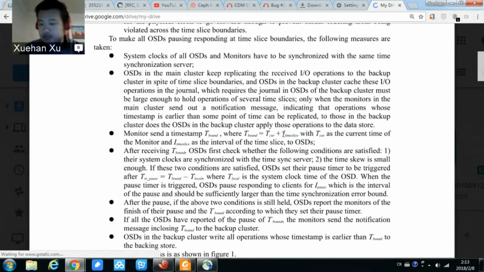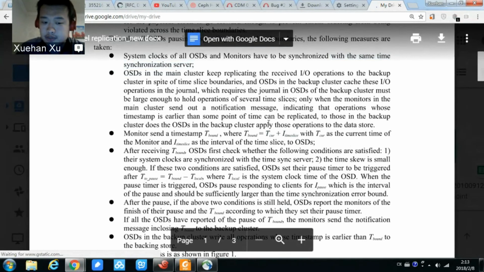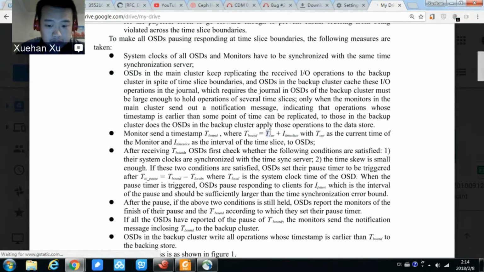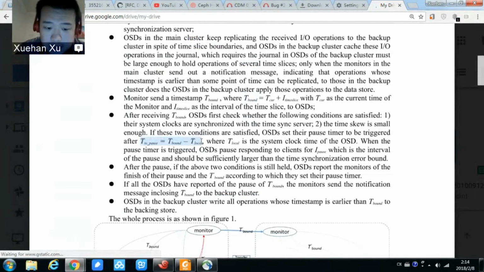And since we assume that all OSDs and monitors are synced with the same time synchronization server, the time bound should make sense for all the OSDs, and OSDs can make their future pause time the T-bound minus their local time.